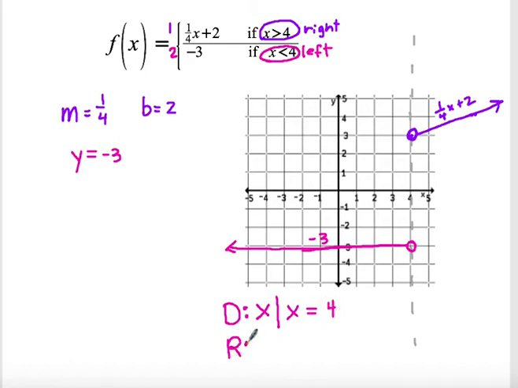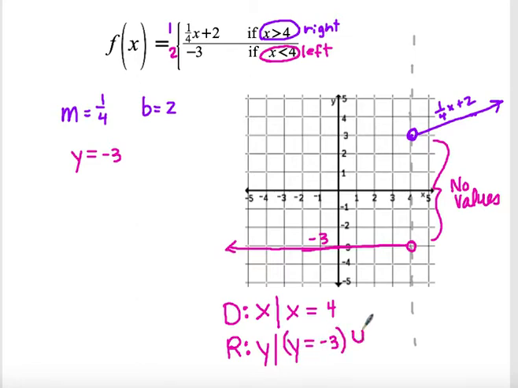And my range is going to be in two parts because I have a big gap here where I have no values. There's no values here. So for that reason, I'm going to have all y values such that y is equal to -3, and I'm going to union that with y is greater than 3.